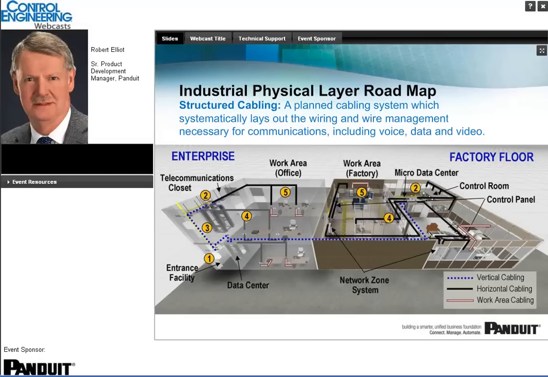From the telecommunications closet, access cabling would be routed to the work area, for example to communicate with desktop workstations. On the shop floor, we see the riser cable, or vertical cable, going again to the micro data center, which is located, for example, in the control room. From there, horizontal cabling connections would be attached to, for example, a zone enclosure, and then from the zone enclosure to the control panel.